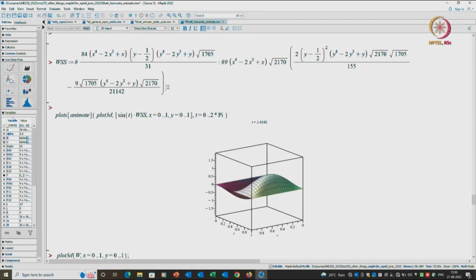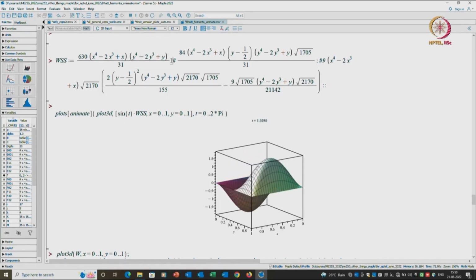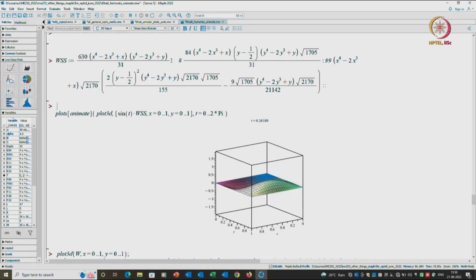Now this is the first mode. So let us continue with the remaining part of the lecture.